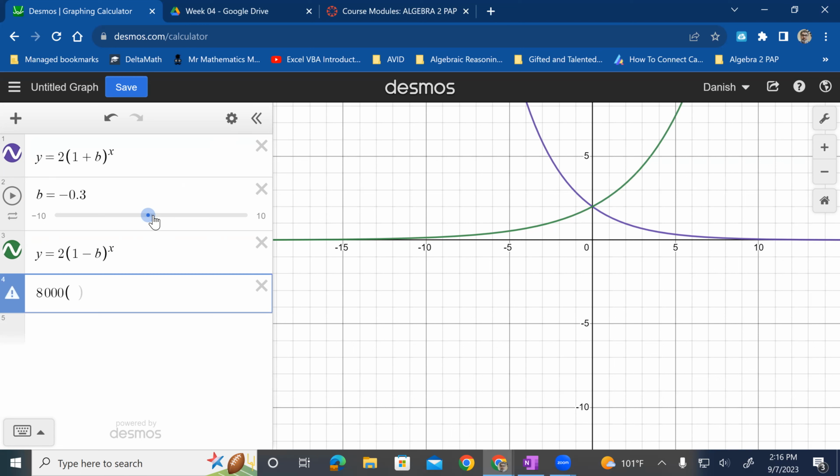Times is here. 1 plus, what's B? 2.75 divided by 100. And then over here, raised to the power, what? 4. What did we get? 8,916.